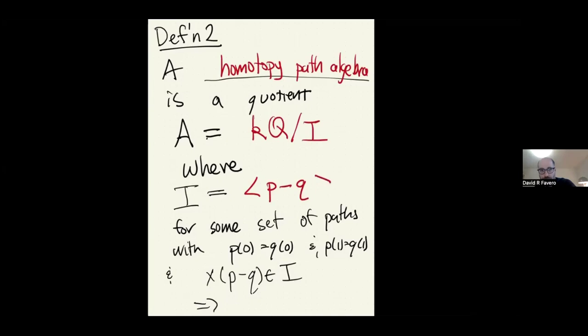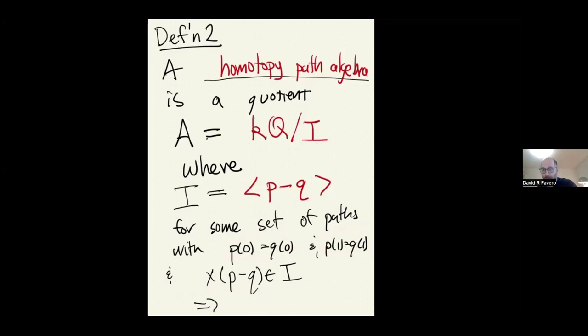generated by paths P minus Q for some set of paths with the same starting and ending point. That's forced if you want them to be path homotopic, right? And also, a path homotopy is cancellative in the fundamental groupoid.